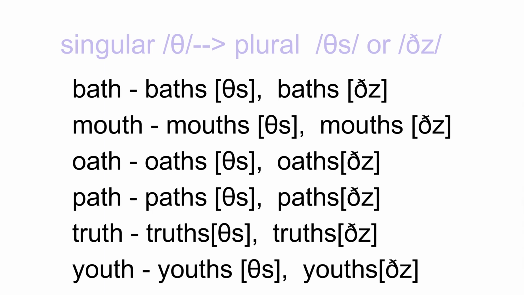The following words in their singular forms end with the th sound, but in their plural forms, they can be pronounced either voiced, ths, or voiceless, ths. For instance, bath can be said either as baths or baths.